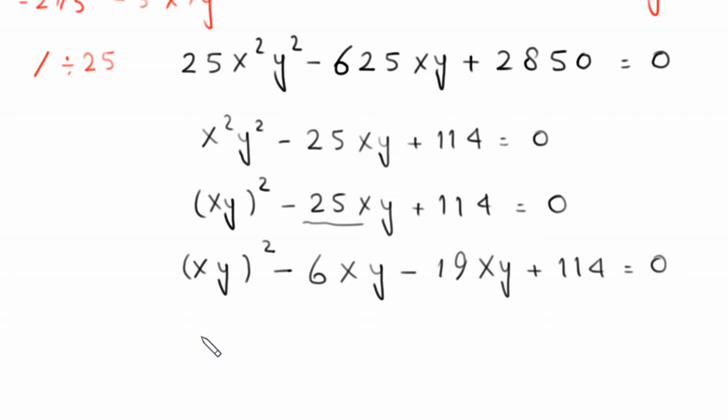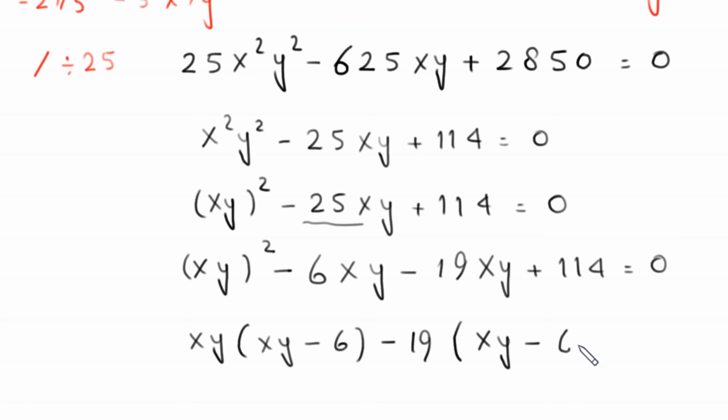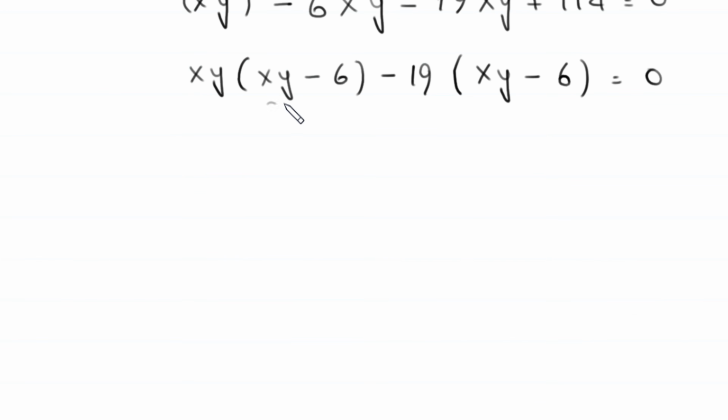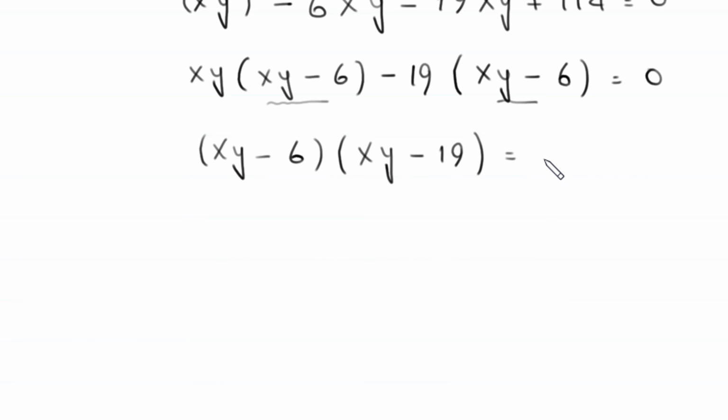From these two terms we can factor out xy in bracket left xy minus 6, and from these two terms we can factor out negative 19 in bracket left xy minus 6 equal to 0. And this xy minus 6 is common, so we factor out this xy minus 6, and in bracket left x times y minus 19 equal to 0.